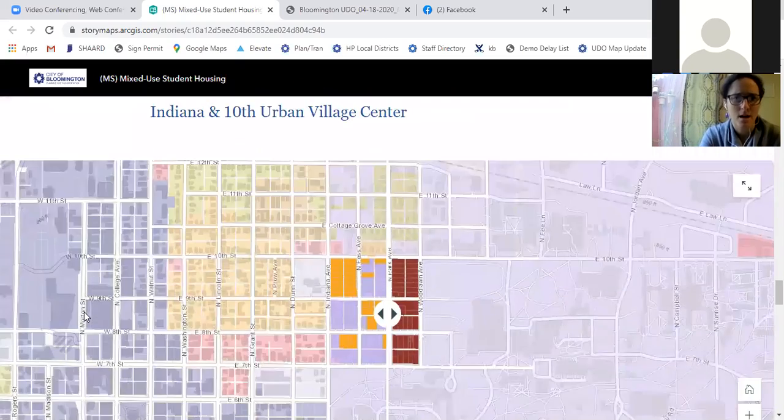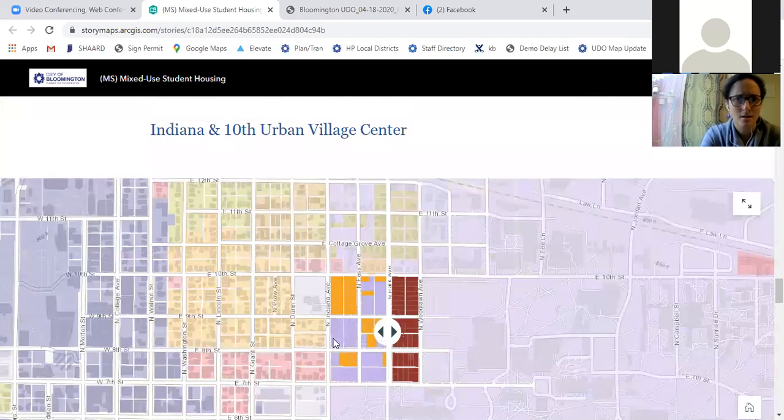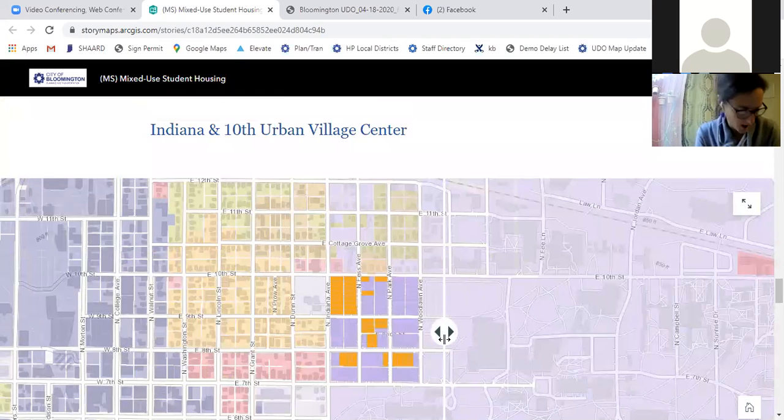And then at 10th and Indiana, 10th, Indiana, Woodlawn, and 7th are the 4 streets that border this proposal area. There are currently only 2 districts in this area: residential multifamily, as well as mixed use institutional. So Indiana University does own some of these properties, as many of you who have been around planning for a long time probably know.